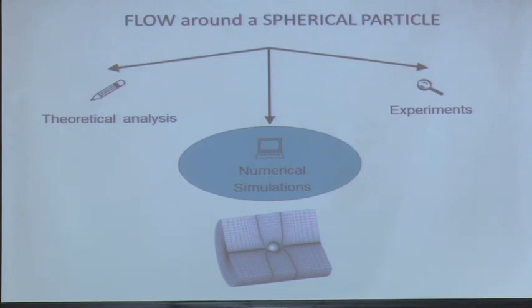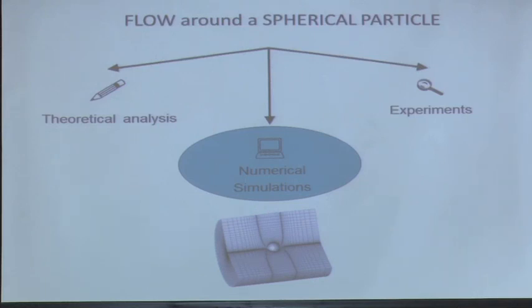You have seen that during the lectures: you may find some information coming from the theory, like the Stokes solution of the flow around a spherical body at very low Reynolds number. We have seen also that you can do experiments, and we see the flow and the wake behind the sphere based on visualization. These are the two scientific tools which have been used over many years in the past. And since we have computers, now there's a new technique which is doing simulations.